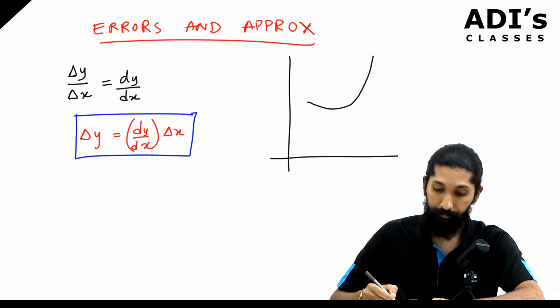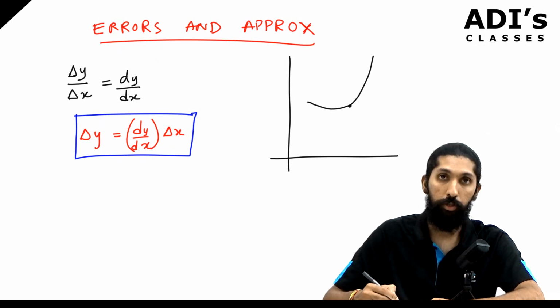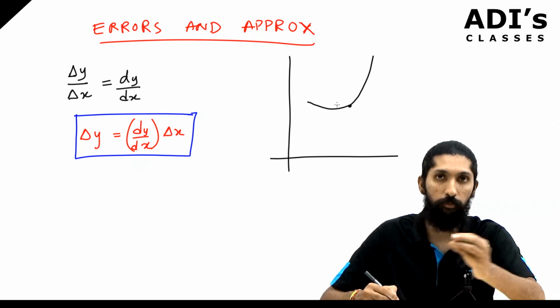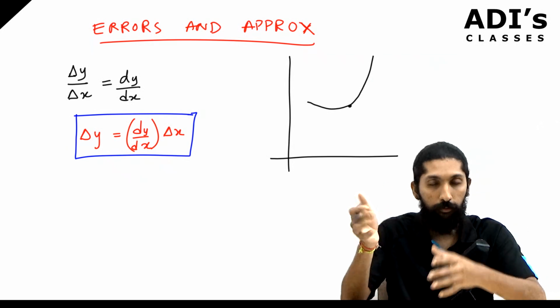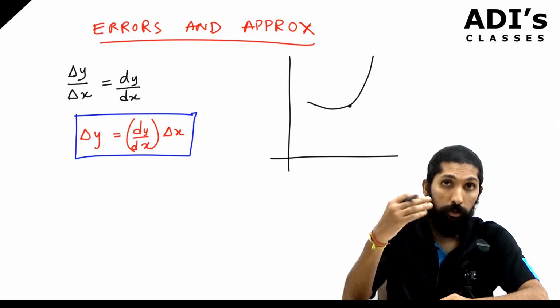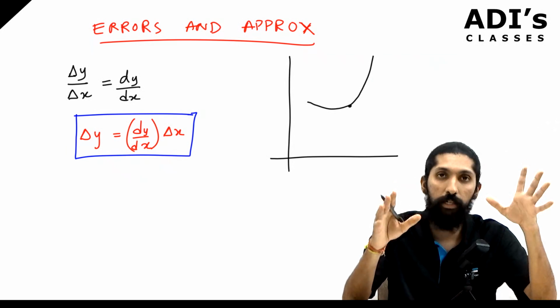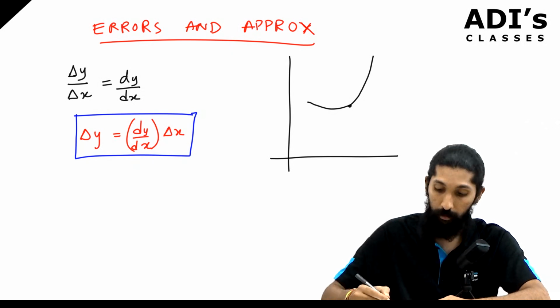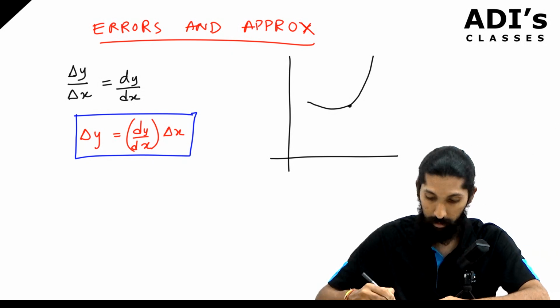Now, at this point you want to calculate the slope or some value, like y is equal to f of x. Say you know the value of x and you're trying to find the value of y, some sort of mathematical calculation. First thing we'll do is draw a tangent at this point.